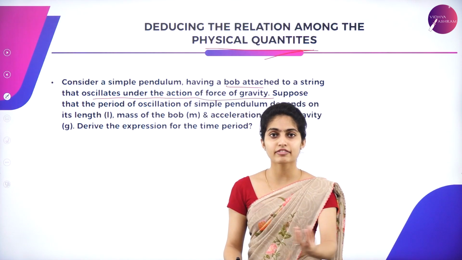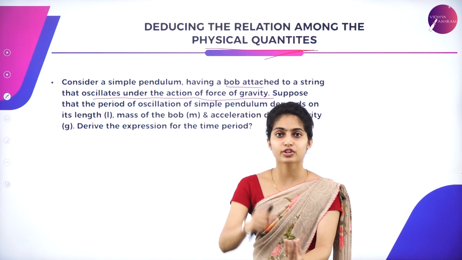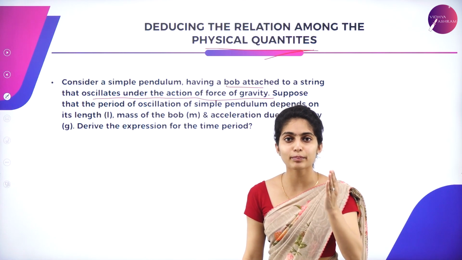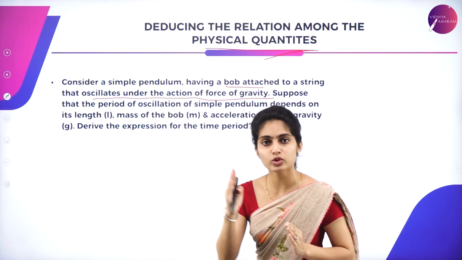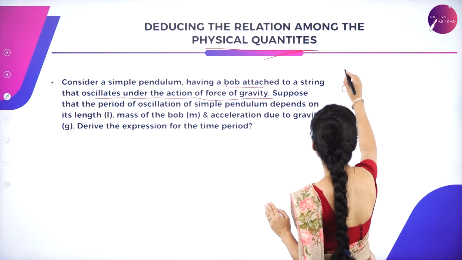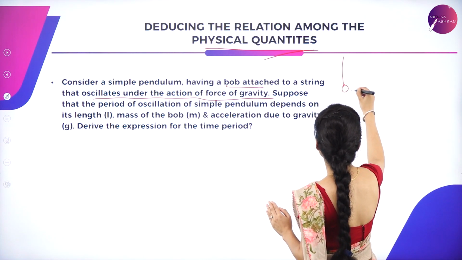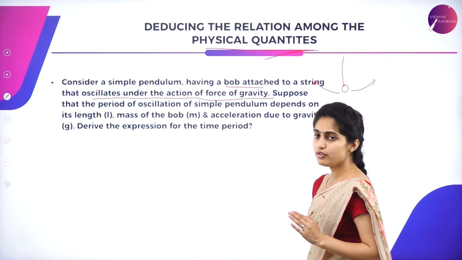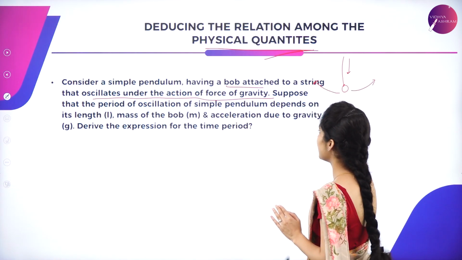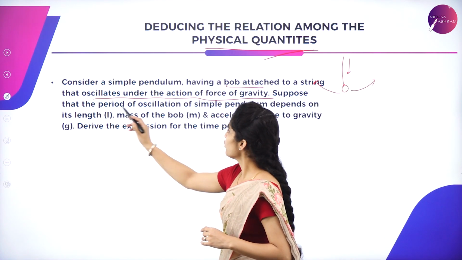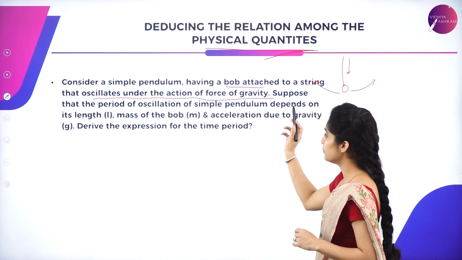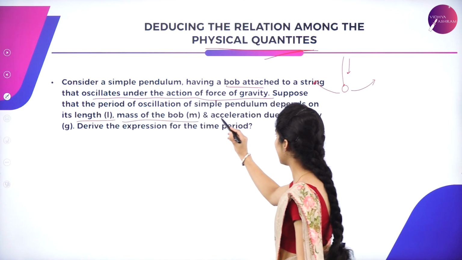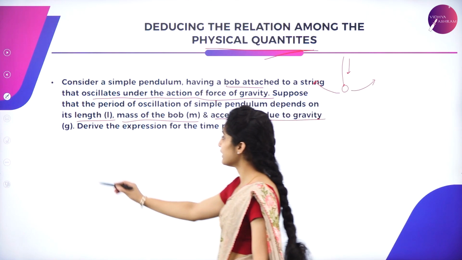So you got to know how a simple pendulum looks like. A bob attached to a string and undergoing oscillations under the force of gravity. Suppose that the period of oscillation of a simple pendulum depends on its length, mass of the bob and acceleration due to gravity, that is g.